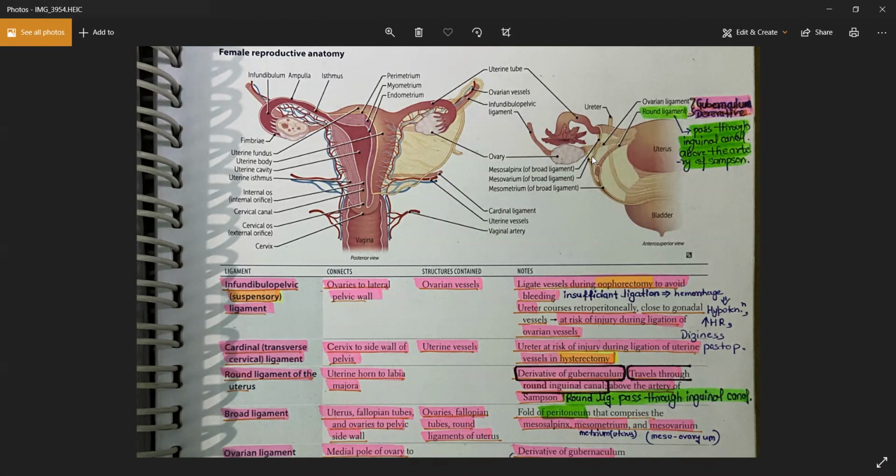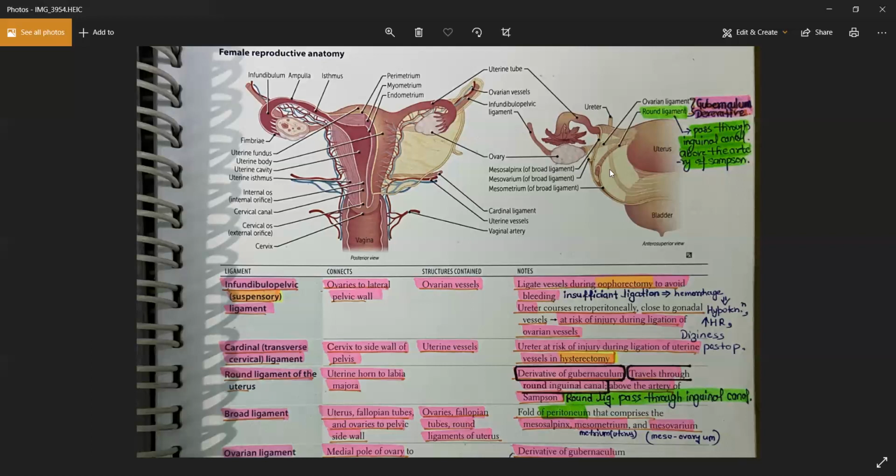So two things about the round ligament: it is a derivative of the gubernaculum, and second, it passes through the inguinal canal, the only structure that does. The second derivative of the gubernaculum is the ovarian ligament. The function of this ligament is to connect the ovary with the uterus. Basically, on the lateral side, the ovary is stabilized by the infundibulopelvic ligament, and from the medial side, the ovary is stabilized by the ovarian ligament.